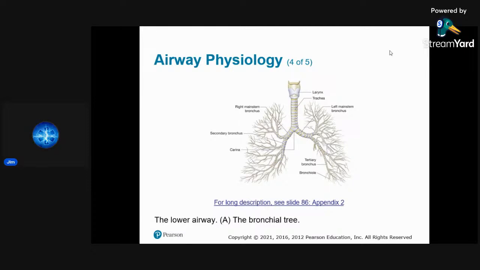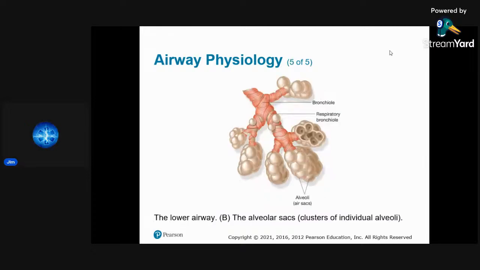This is the bronchial tree, showing how the trachea comes down, it splits at the carina, and it divides into the right and left main stem bronchi. They get smaller and smaller, branching out like trees until it ends up in the alveoli. Here are those bronchioles, which are the smallest part of the bronchi, and then they end up with the alveoli, or the air sacs.